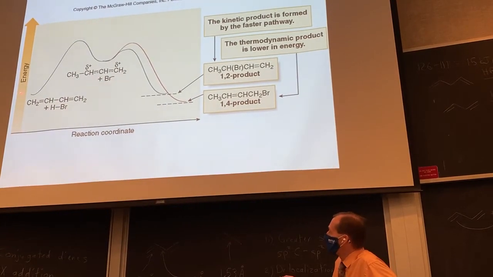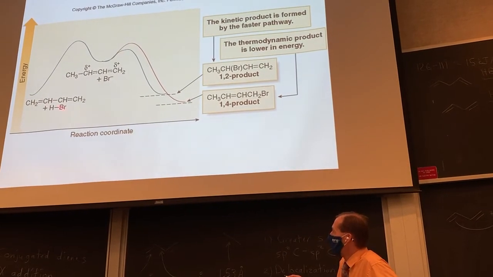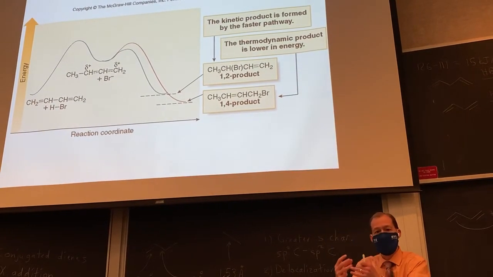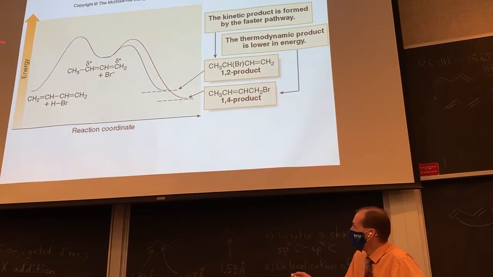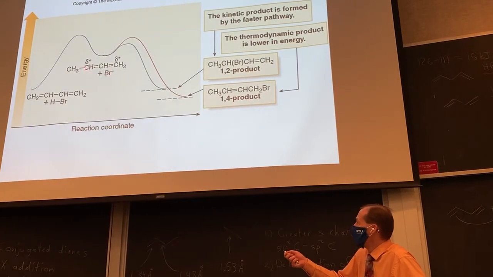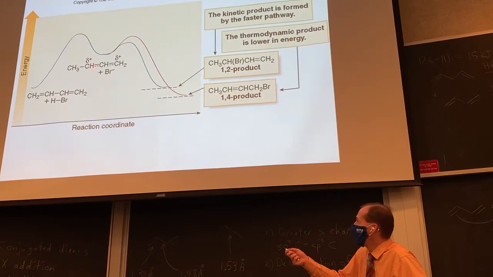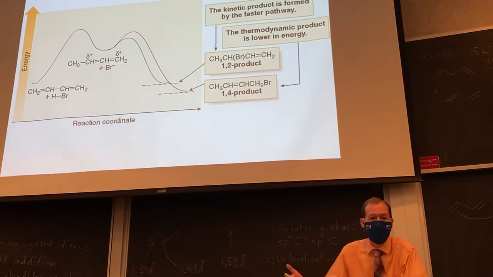Because when you protonate this alkene, your bromide was still associated with your proton right up until the alkene was protonated. So right after you protonate, when you get to the carbocation, the bromide is going to be in close proximity to this carbon and further away from that carbon.